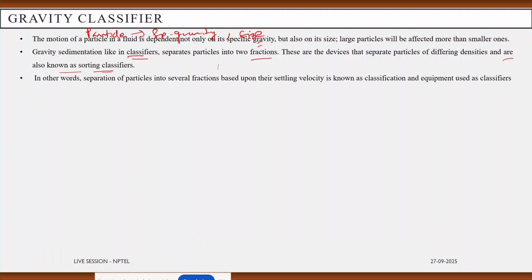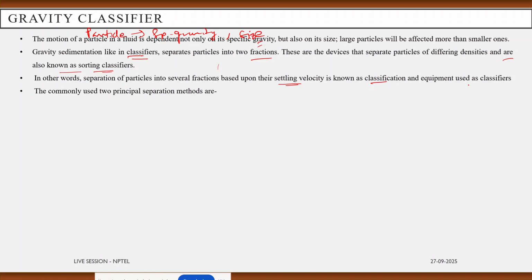In other words, separation of particles into several fractions based upon their settling velocity is known as classification, and the equipment used is a classifier.